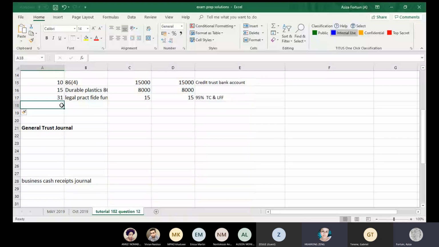That should go to the fees journal. How much is the total? 2850. Okay, paste 2850.